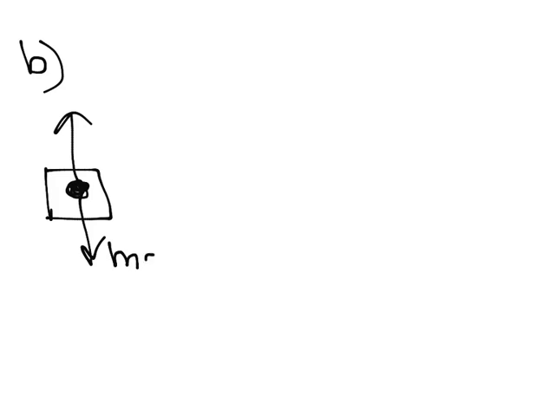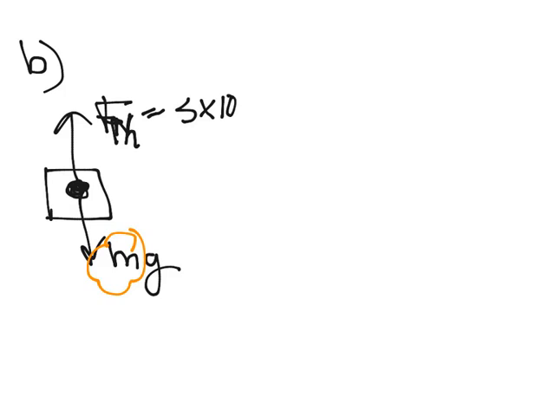We have mg downwards and F thrust upwards. The problem is, if the fuel is burning up, we don't know what the mass is. The F thrust is going to be the same, we can assume, so that's 3 times 10 to the 5th.